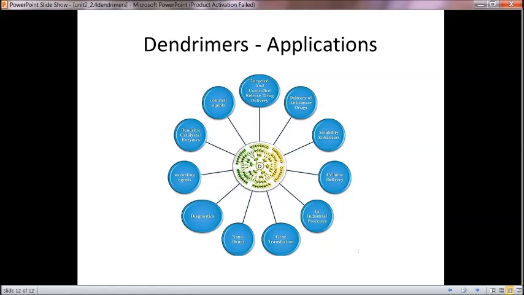And these are the applications of dendrimers. Here also we found that dendrimers find application mostly in biological terms only.